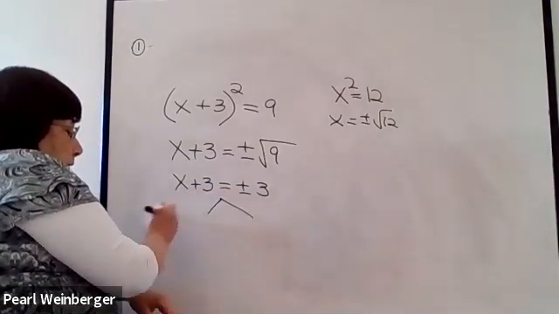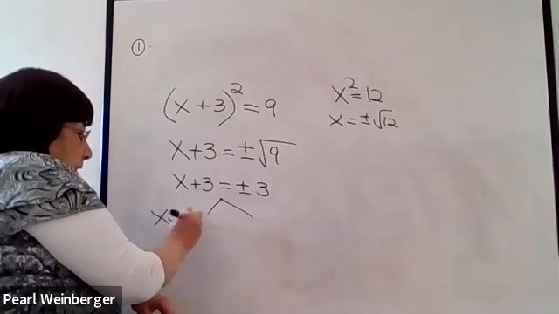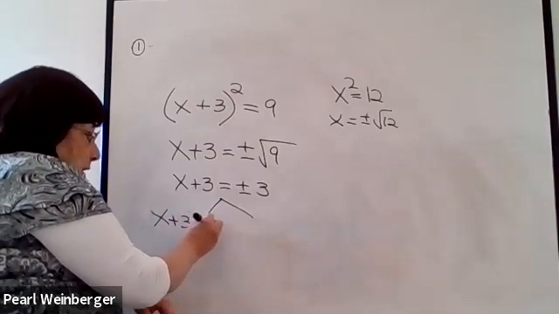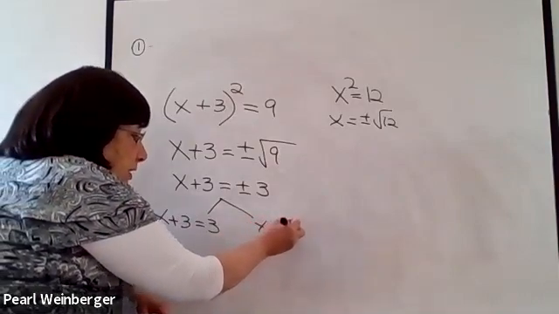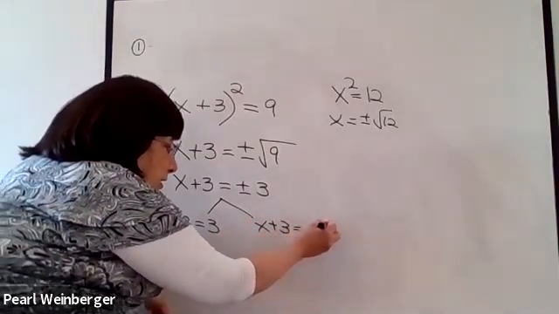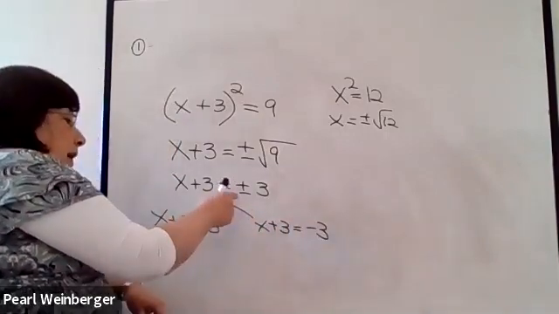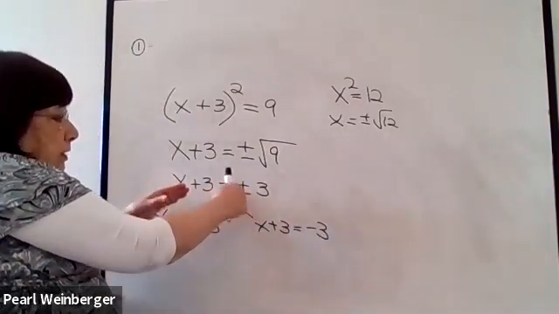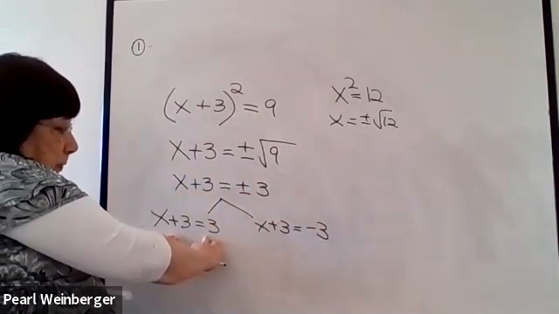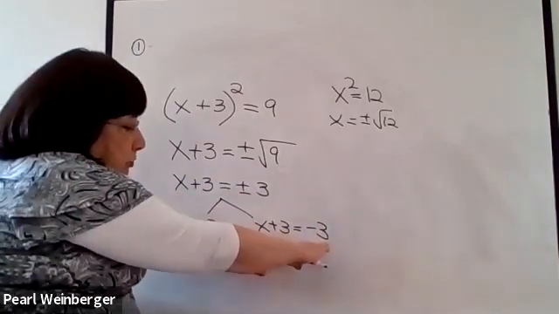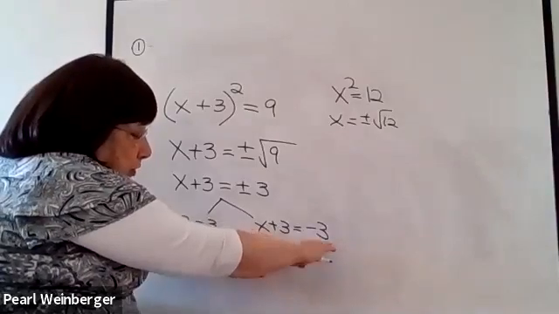One answer I get by doing x plus 3 equals 3. And the other answer I get by doing x plus 3 equaling negative 3. I break it up. The plus or minus means 2 things. It means one answer is going to be positive, and for the other I'm going to use the negative.